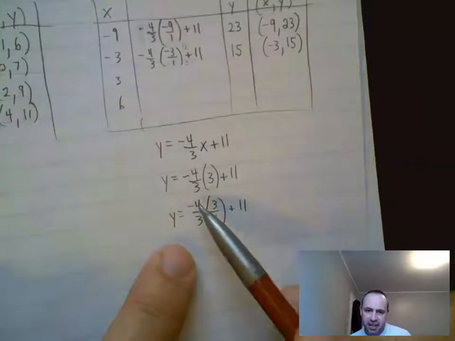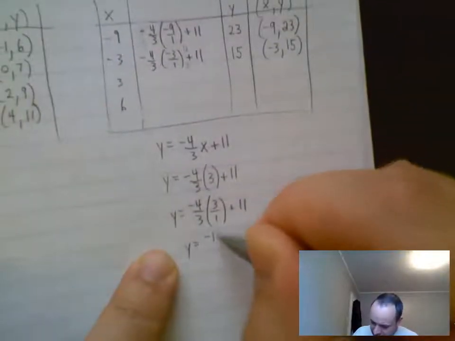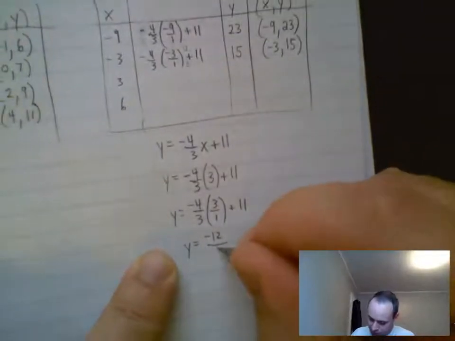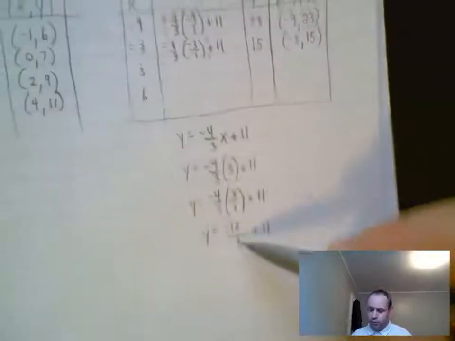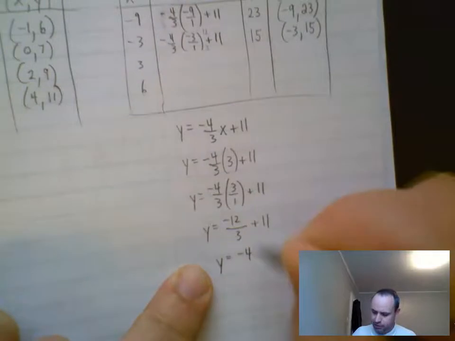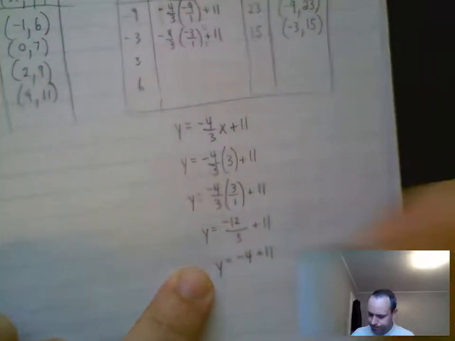So in this case, the -4 times the 3 will give us a -12, and the 3 times the 1 will give us a 3. -12 over 3 is a -4. -12 divided by 3 is a -4 plus 11.